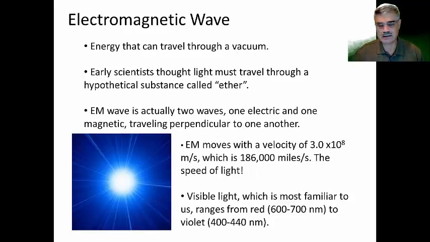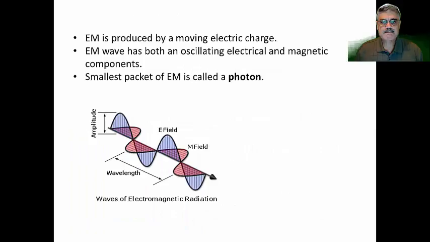We'll get to that a little later. In subsequent lectures, we will talk about what actually produces an electromagnetic wave, and we will talk about how it is produced by a moving electric charge, but more about that later on.